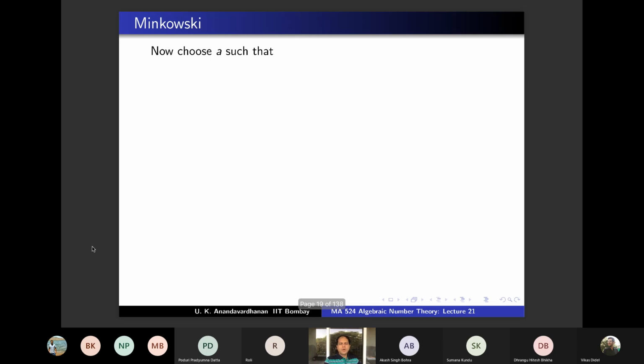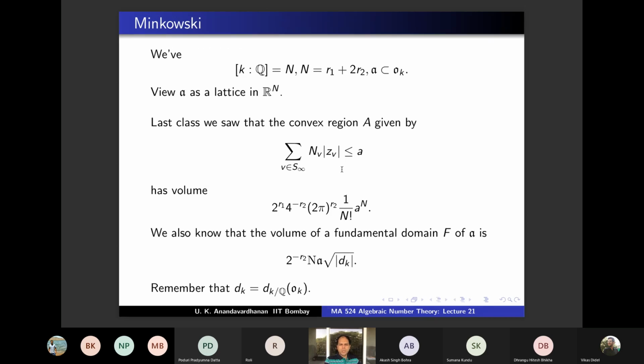Okay, so now we are going to do Minkowski's bound, and this a you are going to choose. You remember in the last class we did three things. One was this, the other was this, and one more thing we did which is also due to Minkowski. In fact, Minkowski is the key name in this chapter. This is what is called geometry of numbers, because you are doing some volume computation and then existence of lattice points.